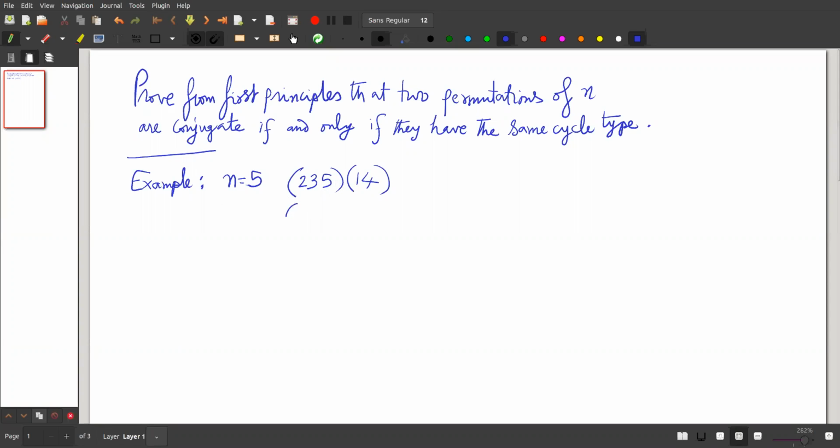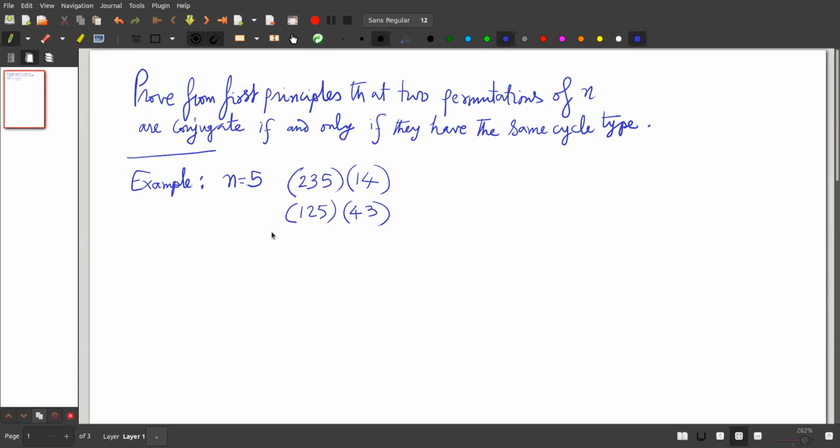And another one, let's say 1, 2, 5, 4, 3. Okay, I have written two permutations of 5, and they have the same cycle type, right? Since they have the same cycle type, the statement claims that they are conjugate. That is one statement.